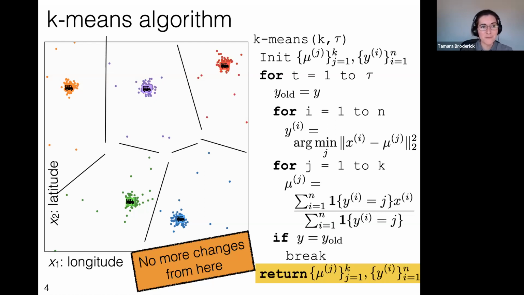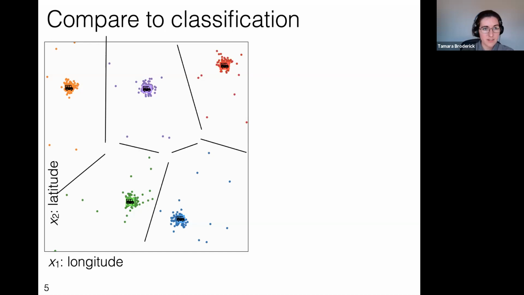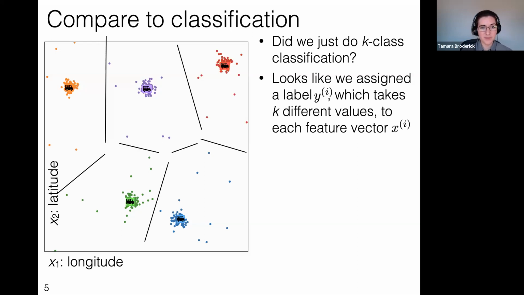Let's think about what it's doing in relation to things that we've talked about earlier in the class. There are a lot of things that sound pretty similar between k-means and classification. Let's ask ourselves, was this classification? Did we need a new algorithm? Could we have just called this classification and used one of our existing algorithms?